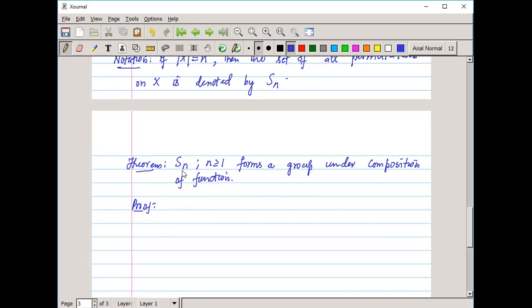For a set Sn to be a group, we need to check 4 properties. The first property is that this Sn must be closed under this mapping composition. Then Sn should be associative. It must have an identity and every element must have an inverse. The first property is Sn is closed.